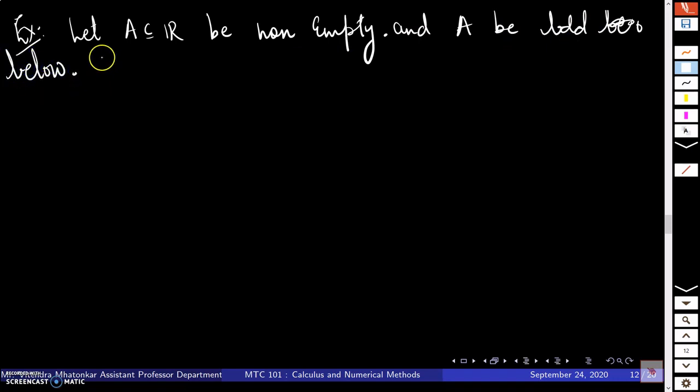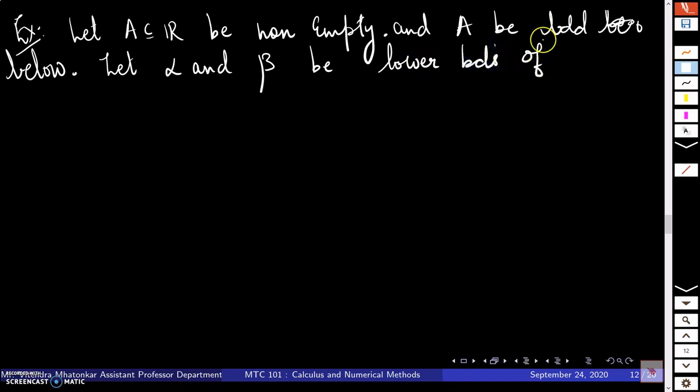So I'll pick up two of them. Let alpha and beta be greatest lower bounds of A. Then we have to show that alpha is equal to beta.